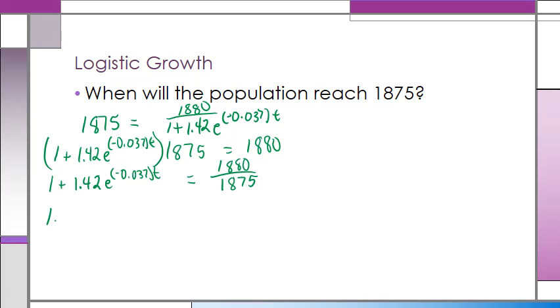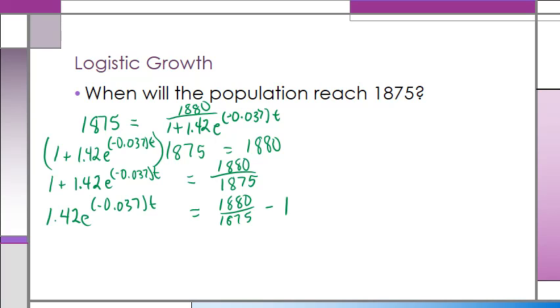This would give us 1.42e raised to the power of negative 0.037t equals 1880 over 1875 minus 1. Well, now if I'm going to subtract 1 from this, I've got to express it in fractional form, of which I can do that.